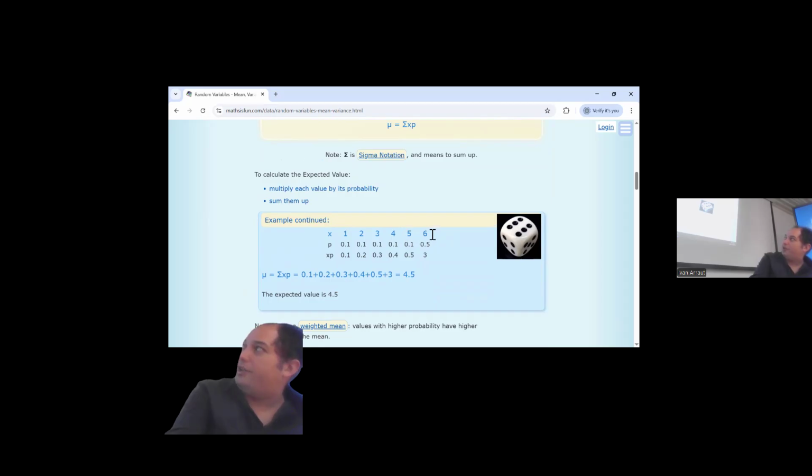Well, this is some kind of weighted dice, no? Because they don't have the same probability. So at the end, you calculate the product of x, the random variable, with the probability, and you obtain something and you sum these values. When you sum these values, you obtain the mean value, the expected value.